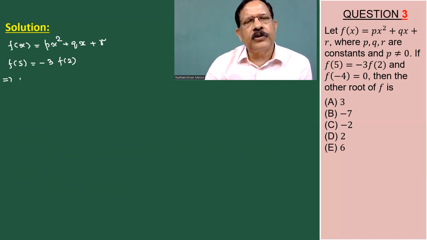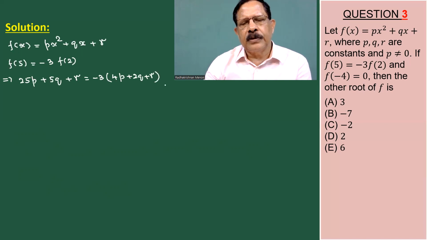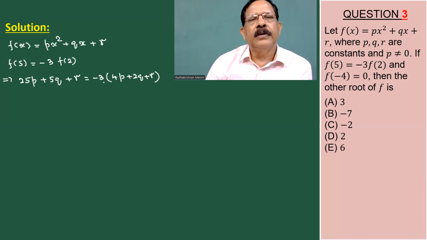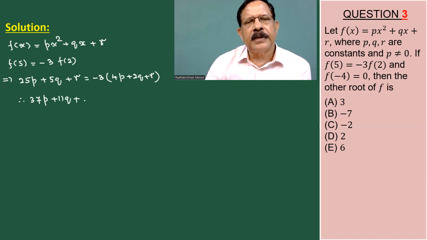We are getting 5 squared, 25p, plus 5q plus r equal to -3 into f of 2, which means 4p plus 2q plus r. So when you simplify it, you will be getting 37p plus 11q plus 4r equal to 0.